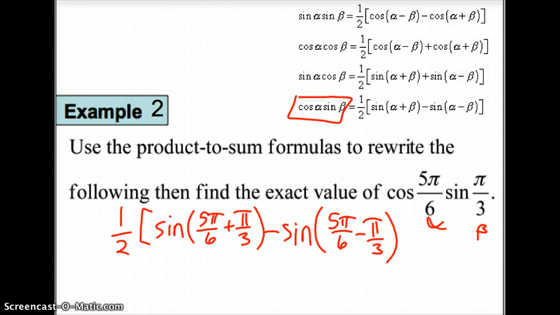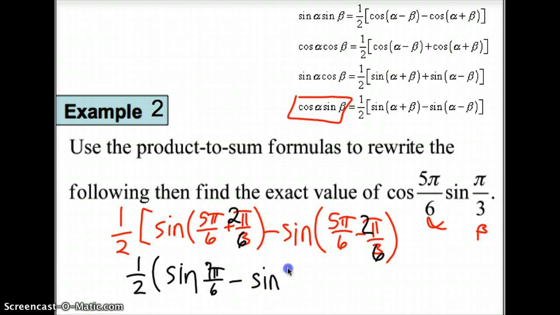So pi over 3 can be written as 2 pi over 6. I'm going to change that in both spots so that I can do the math and simplify the expression. So I have 1/2 of the sine of, 2 pi over 6 and 5 pi over 6 makes 7 pi over 6, minus the sine of 3 pi over 6.